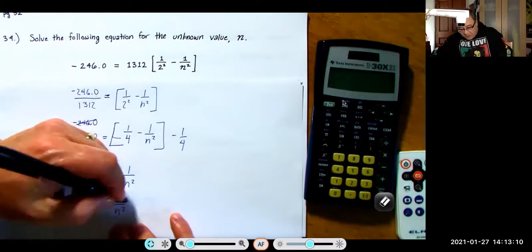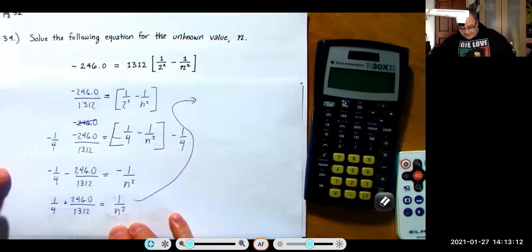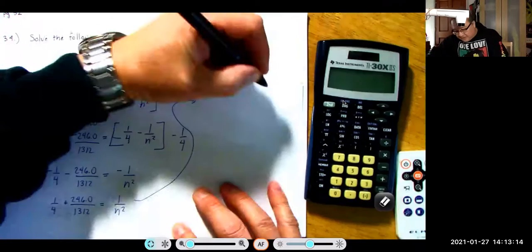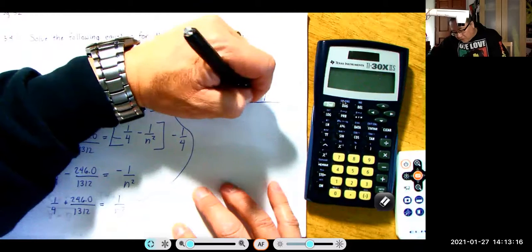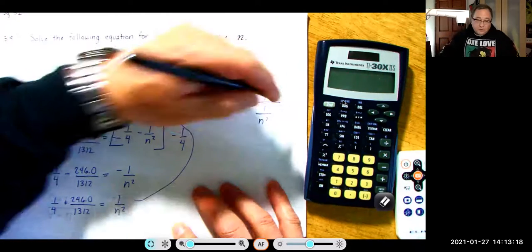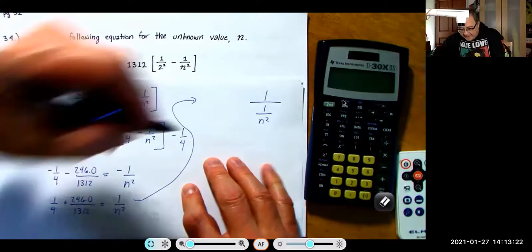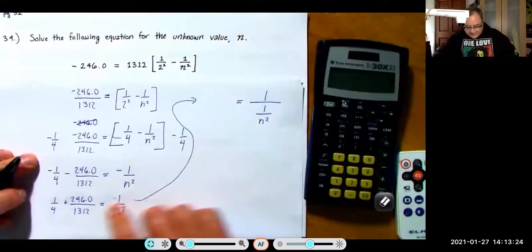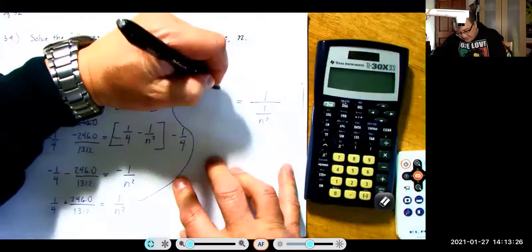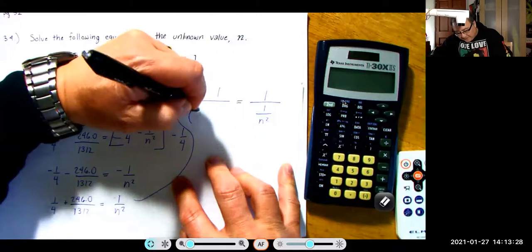And then I'm going to take my work up here. I'm going to take 1 over n squared and divide it into 1. And that means I'm going to take all of this and divide it into 1. So I'm going to put brackets around that.